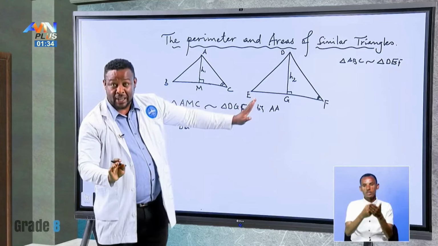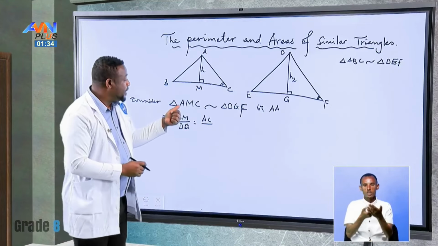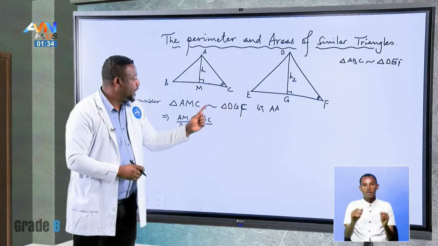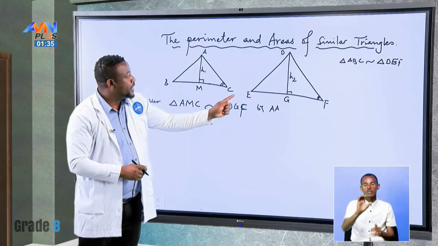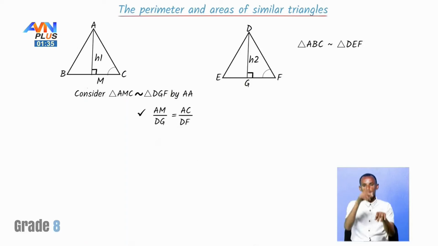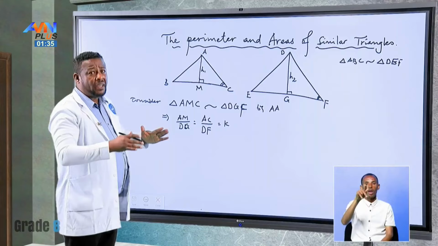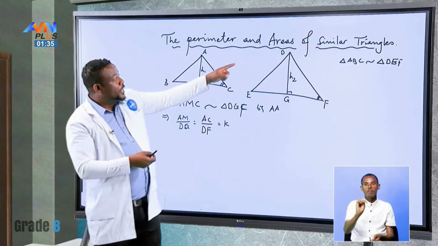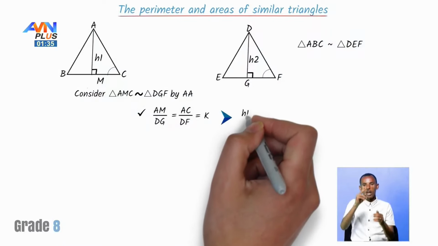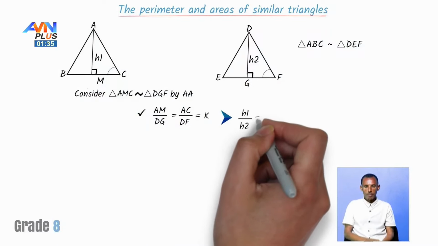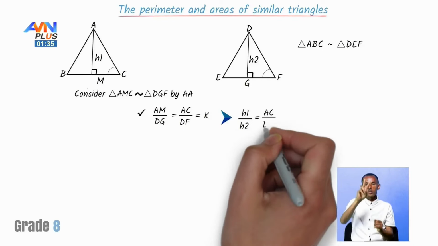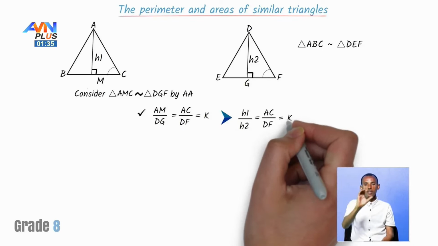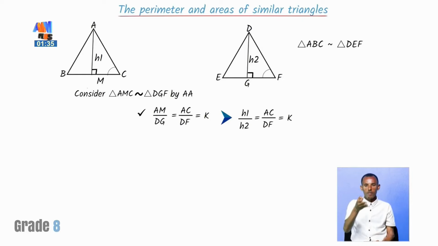So this happens by angle similarity. These are the same, and this is a certain constant K. To make things easier, let us replace AM by H1, DG by H2. So this implies H1 over H2 is the same as AC over DF, which is exactly the same as a certain proportionality constant, right?